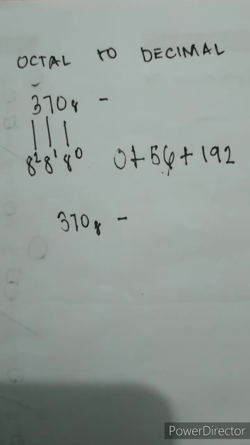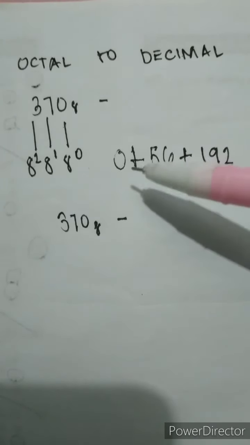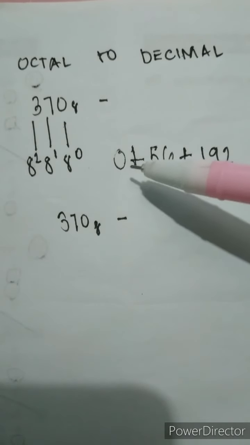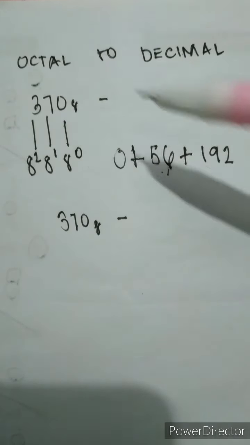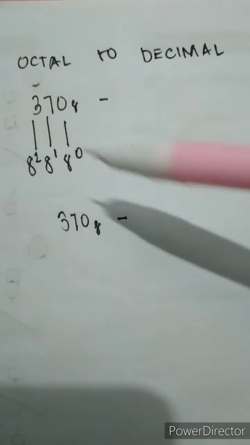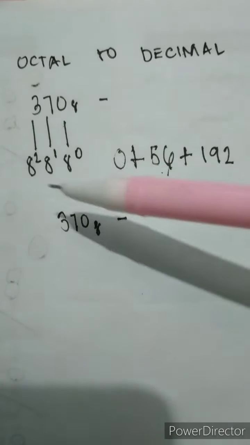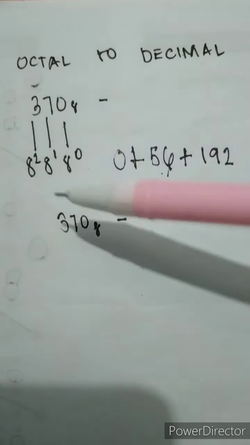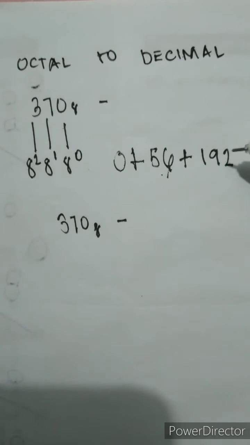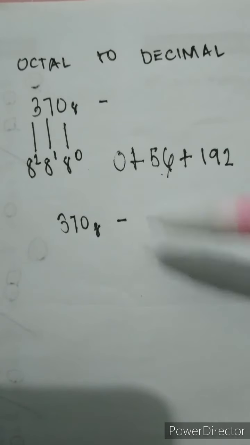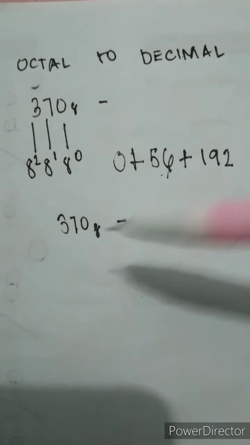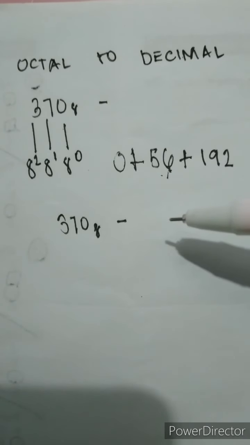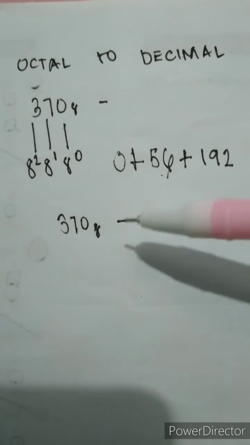So 8 to the power of 0 will be 1, so 0 times 1 will be 0, so this is the answer. And then 8 to the power of 1 will be 8, so 7 times 8 will be 56, and then 8 to the power of 2 will be 64, and then 3 times 64 will be 192, and add them together so that you will get the decimal value or the result.